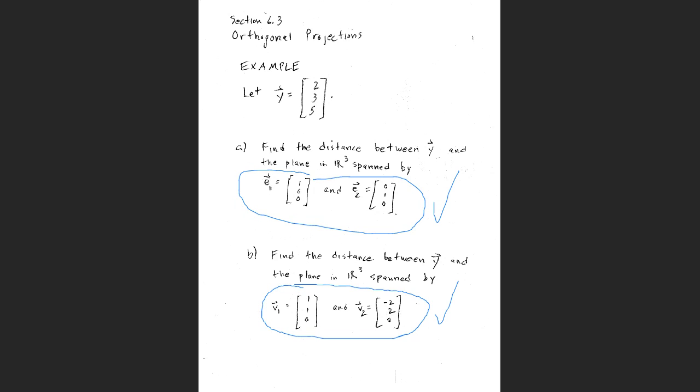For this to be true, that we got the same projection vector in part B as in part A, it would have to be that the subspace in A is the same as the subspace in B.